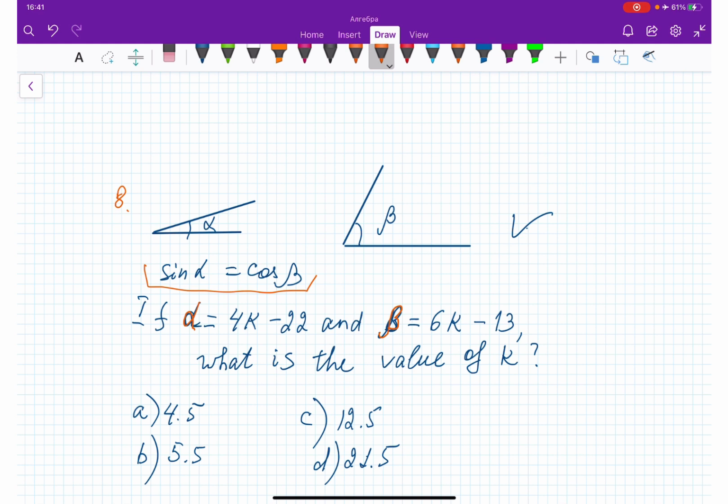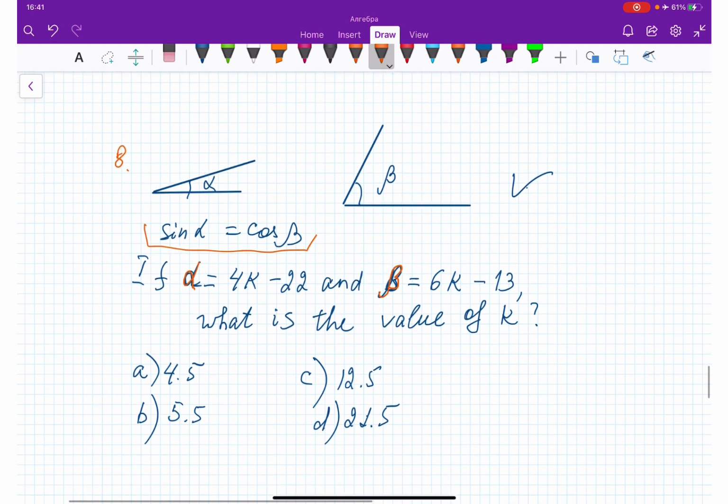Okay, so let's start solving this problem. Since both angles are acute and sine alpha is equal to cosine beta, then from the complementary angle property of sine and cosine, alpha plus beta is equal to 90 degrees.